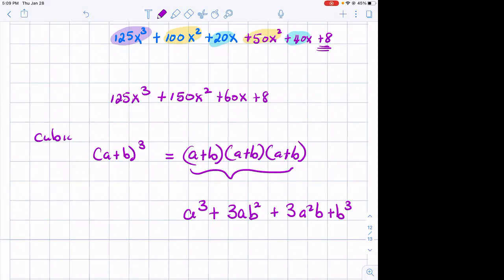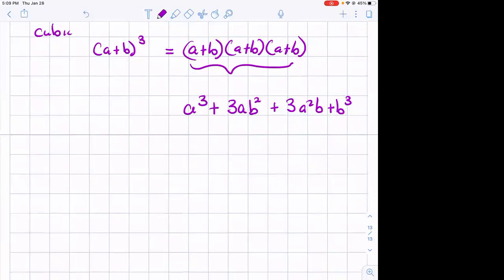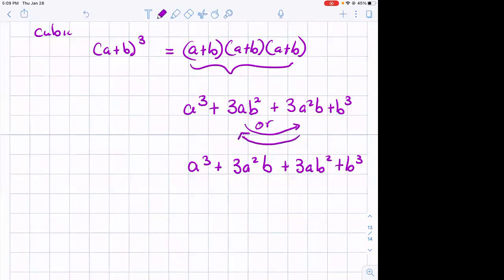So notice that there's a lot happening here. Now, another way of writing this, you could say a cubed plus 3a squared b plus 3ab squared plus b cubed. These two terms can interchange. It doesn't matter.